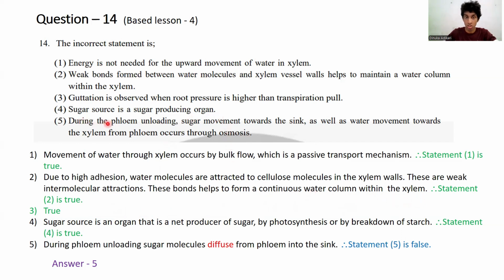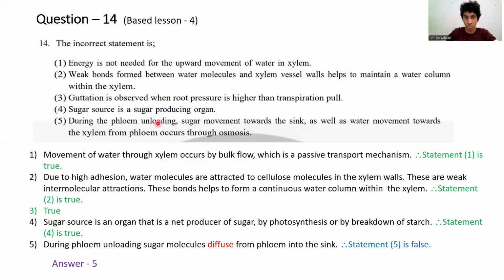5. During the phloem unloading, sugar movement towards the sink as well as water movement towards the xylem from phloem occurs through osmosis. So here in this statement, only one part of the statement is correct and the other part is wrong.